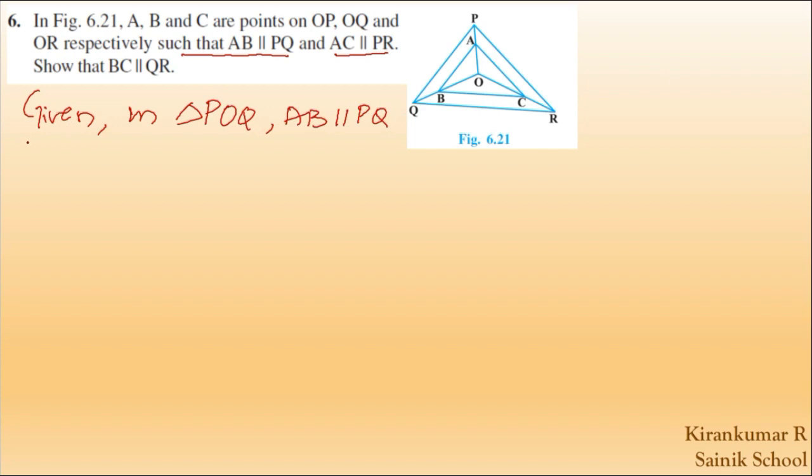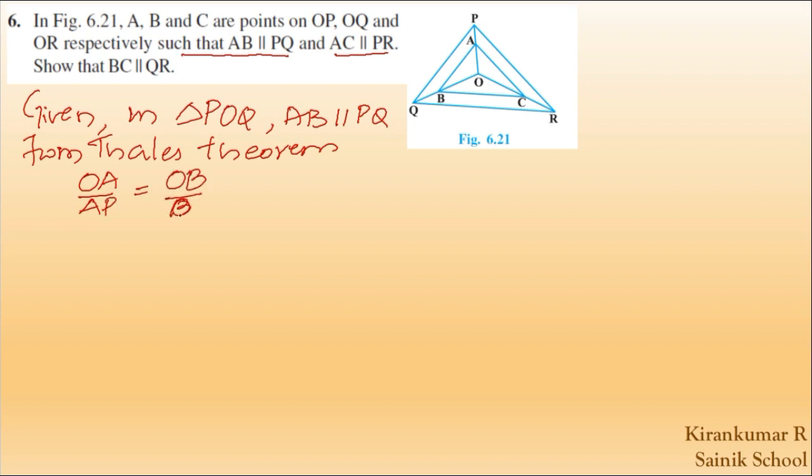So from Thales' theorem, OA upon AP is equal to OB upon BQ. I have taken AB parallel to PQ in this triangle.